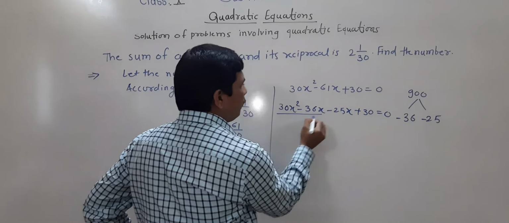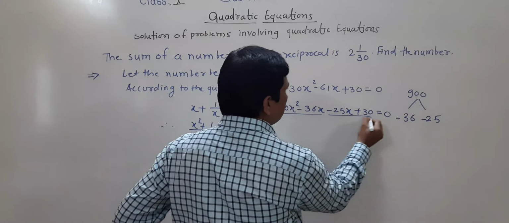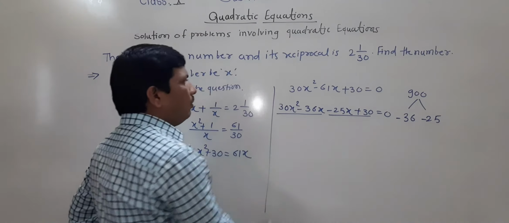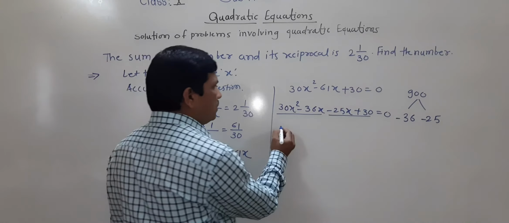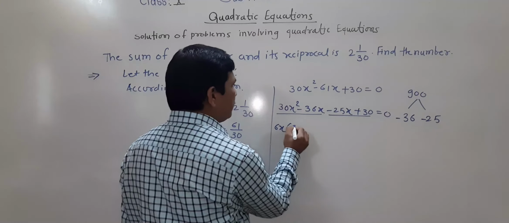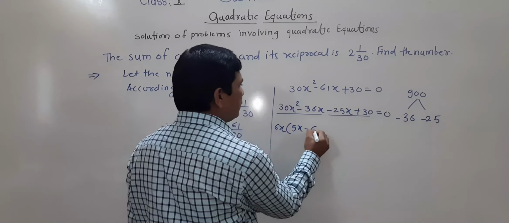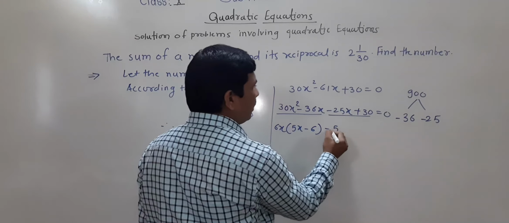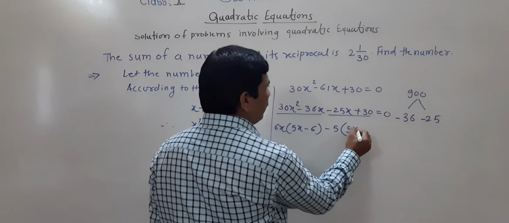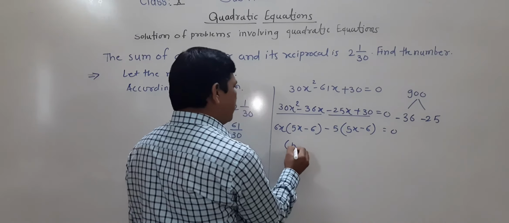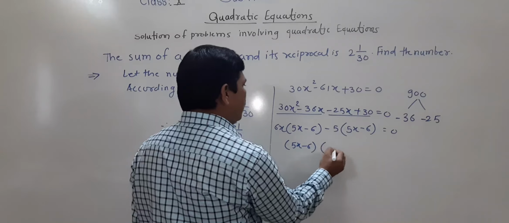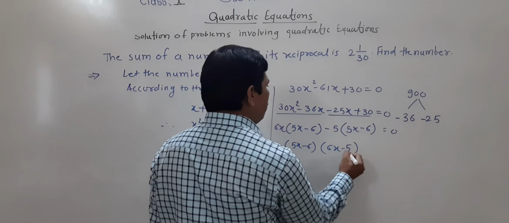From this we can take 6x common, 6 5s are 30, 5x minus 6, 6 6s are 36. Here you can take 5 common, 5 5s are 25, minus 5 6s are 30, is equal to 0. So your first bracket is 5x minus 6 and second bracket is 6x minus 5.